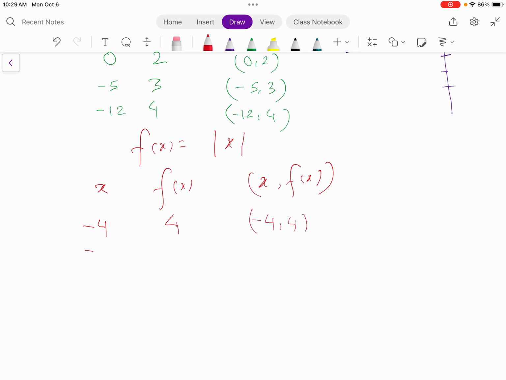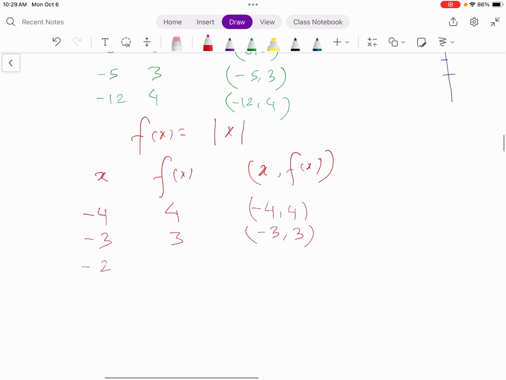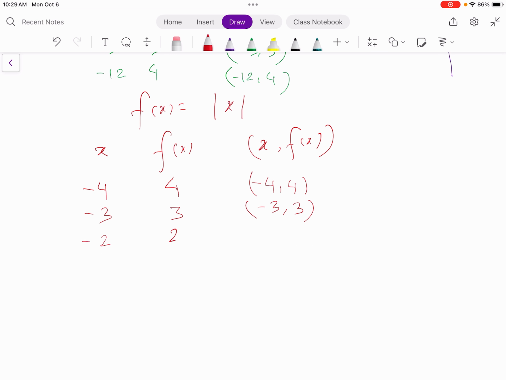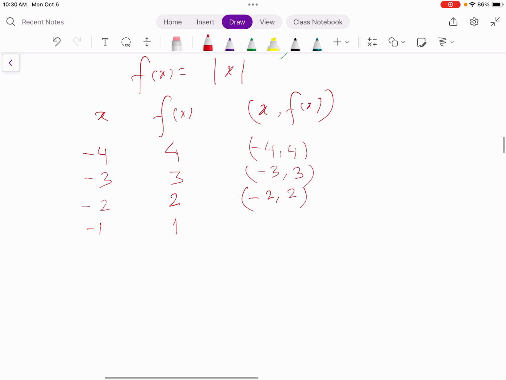Let's take -3. The absolute value of -3 is +3. So (-3, 3). Let's take -2. The absolute value of -2 is +2. So (-2, 2). Let's take -1. So we have (-1, 1). Let's take 0. What is the absolute value of 0? 0. So (0, 0).